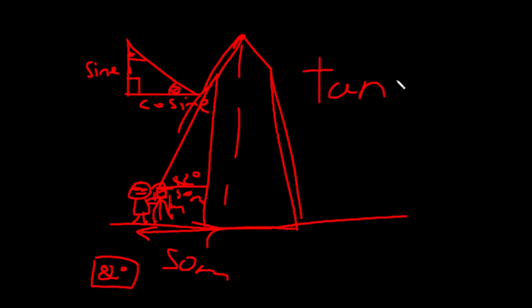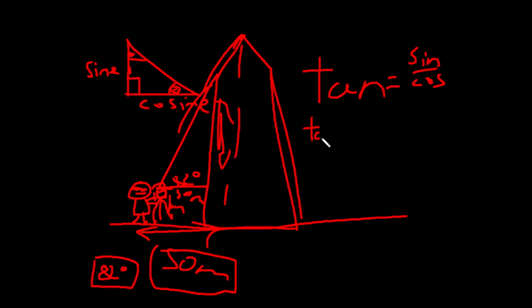Well, tangent is sine over cosine, meaning we already know the cosine of the thing right here. That's 50 meters, and we have the angle. So solve for the length of this, the height.